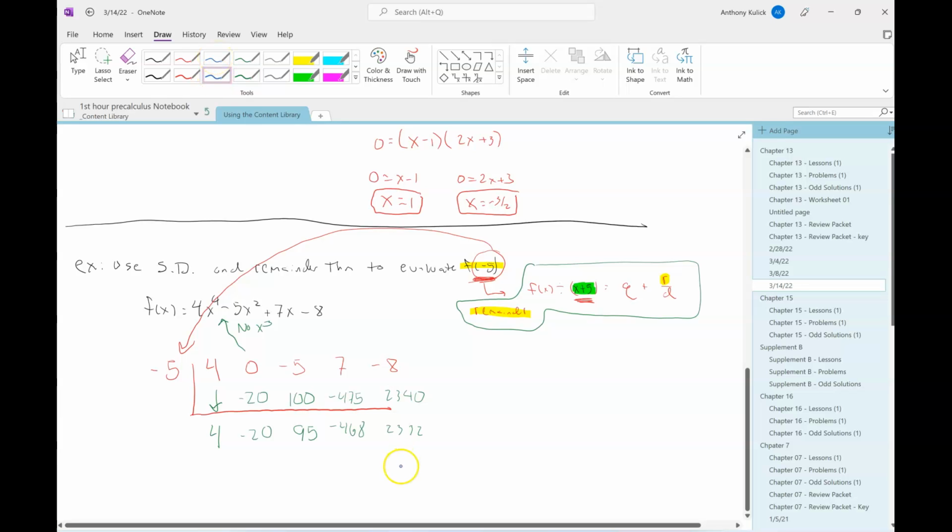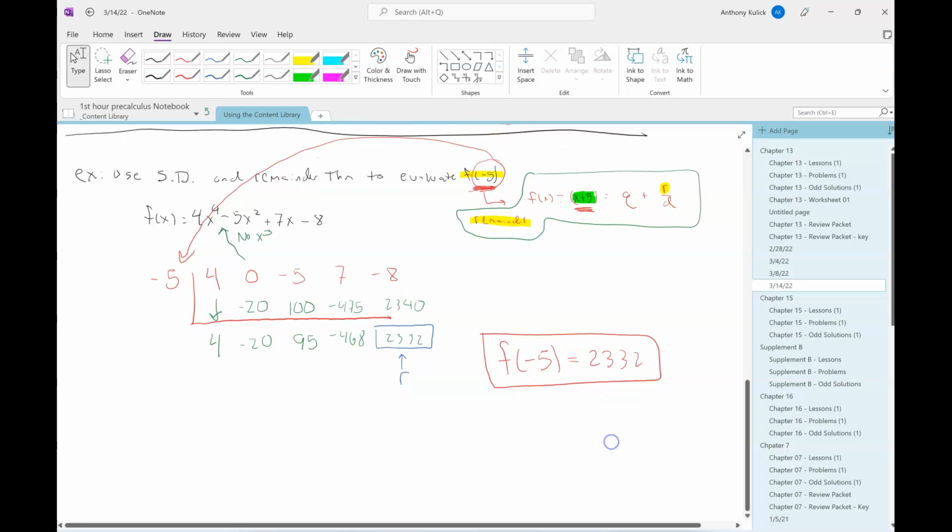Okay. So remember, this piece on the far right is the remainder. So that's what we want. So we'd say in this case, f of -5 is 2,332. Note that's the same thing you would get if you plugged in -5 like this.